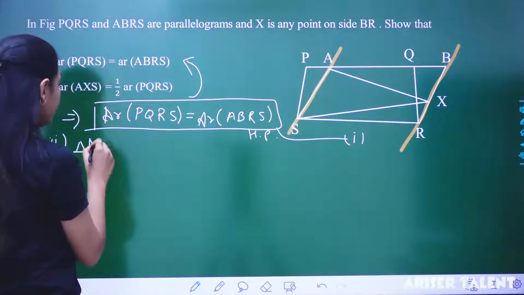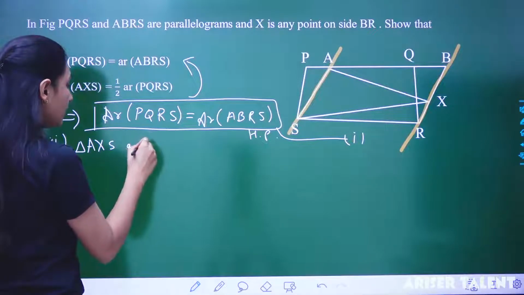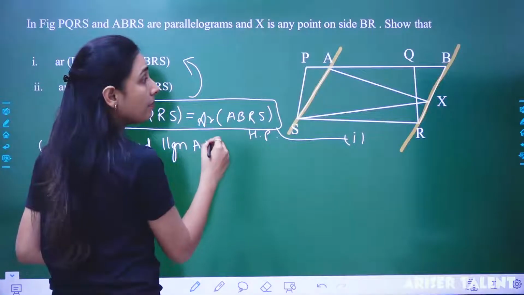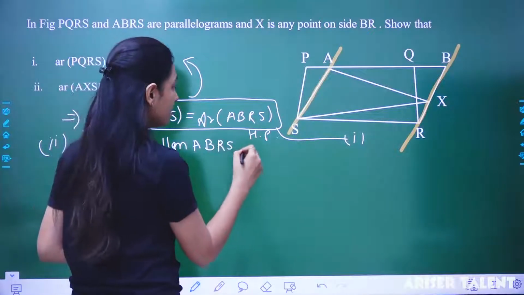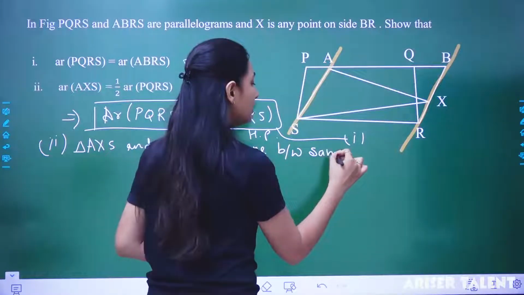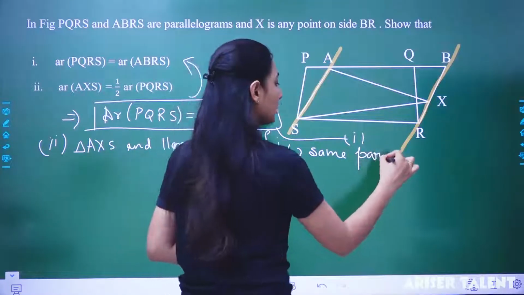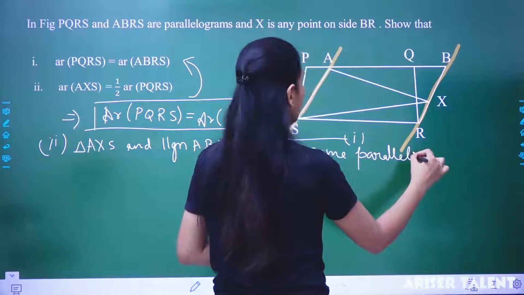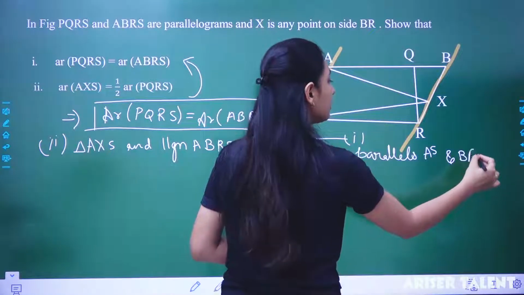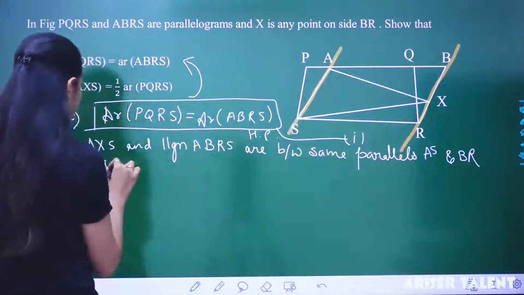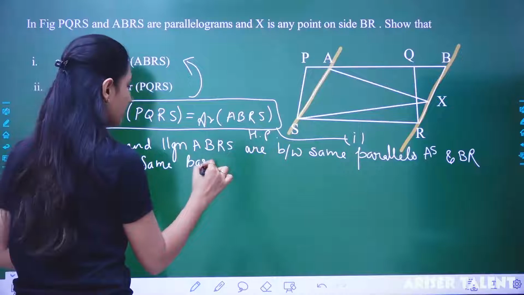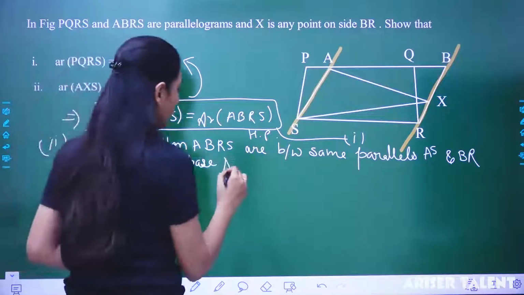Triangle AXS and parallelogram ABRS are between the same parallels, which are AS and BR, and have the same base, which is AS.